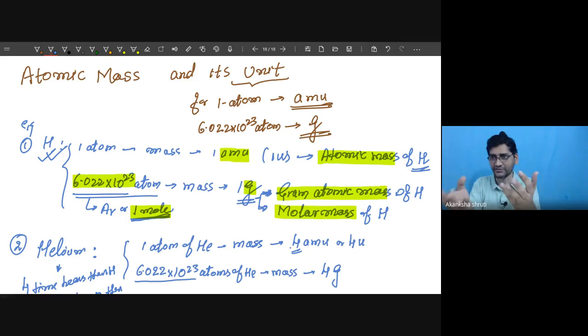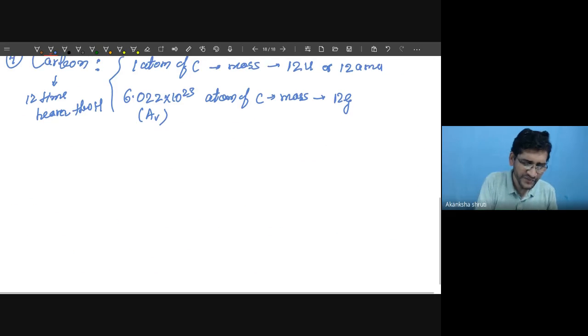So initially the mass was given in gram, but it was later found that this gram molecular mass contains Avogadro number of atoms. So the mass of one atom was determined and it was expressed in AMU. So write that point also.